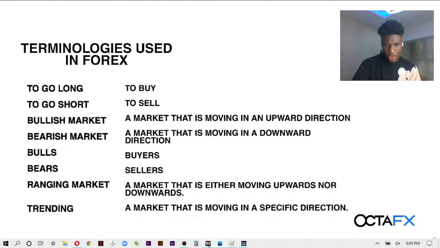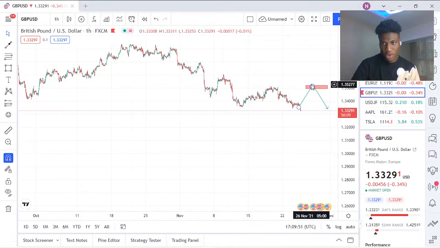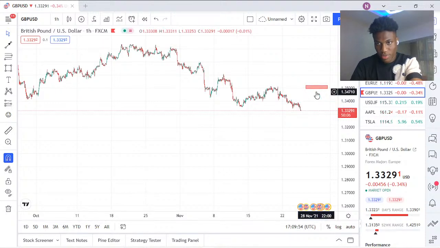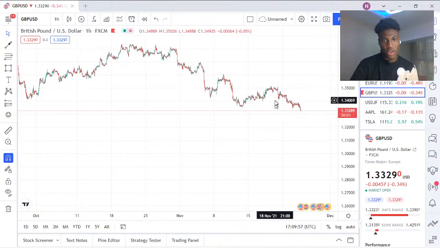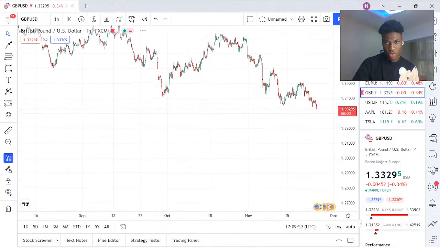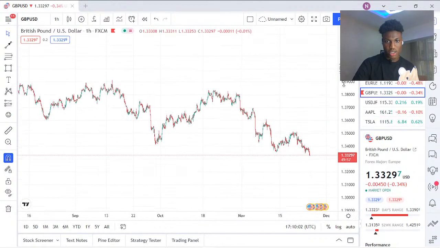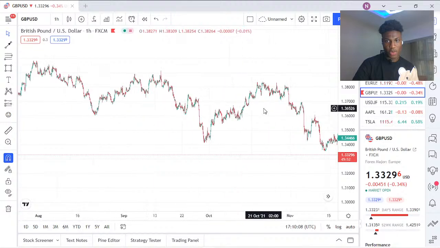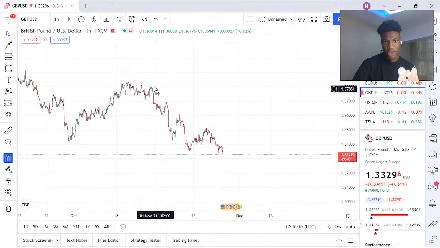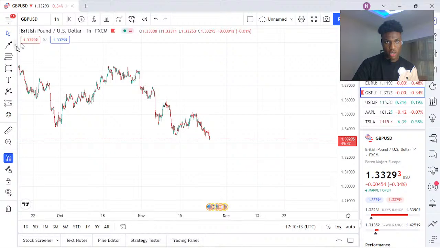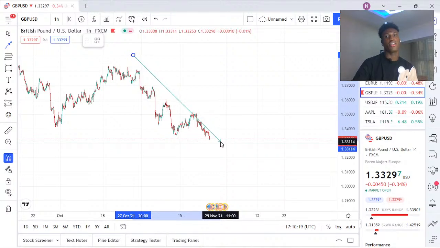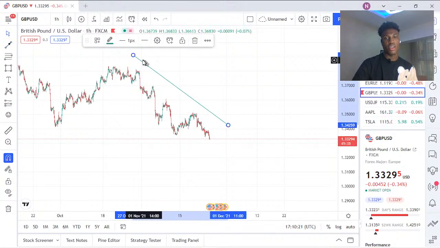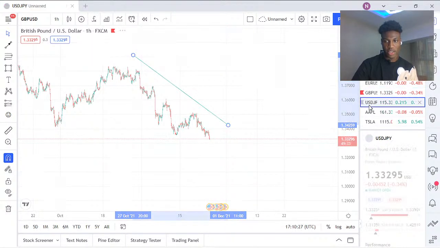Let me quickly show you guys an example of what I mean by that. Okay, so what you see right here is a GBP USD chart, and as you can see, the market is moving in a downward direction, so you can easily call this a bearish market, right?